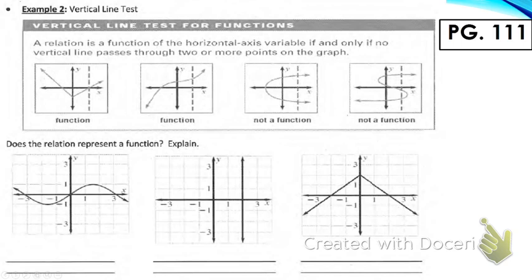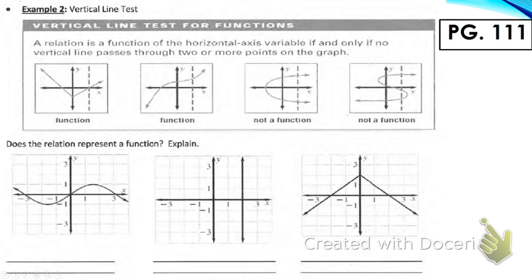And I could write an ordered pair for it, an x, y. Right here, the x value would be like, I don't know, -5. Over here, my x value would be a positive, right? So each ordered pair would have a different x value, a different input.